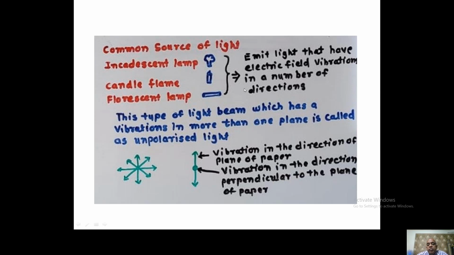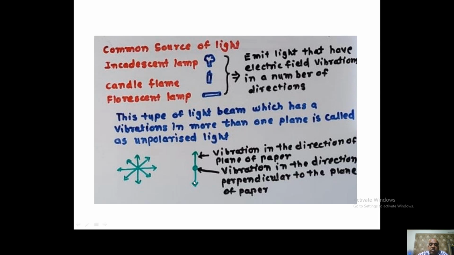This type of light beam, which has vibrations in more than one plane, is called unpolarized light, and it is represented like this. That means vibration of the electrical field in all possible directions along the YZ plane, and the propagation of the light along the x-axis.